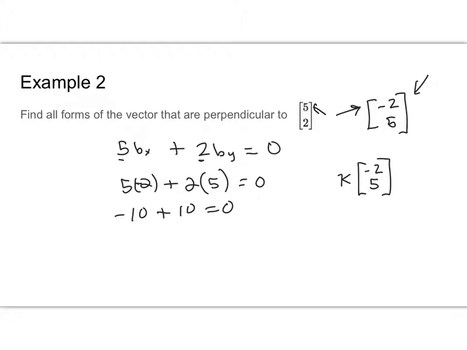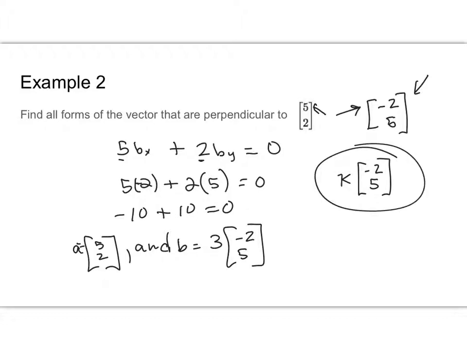So let's check that out. Let's say we want the dot product. Let's say that A is 5, 2, and B equals 3 times, I'm just picking 3 as a value for k, -2, 5, just to show you that all vectors will be in this form. That means that 3b is -6 and 15.